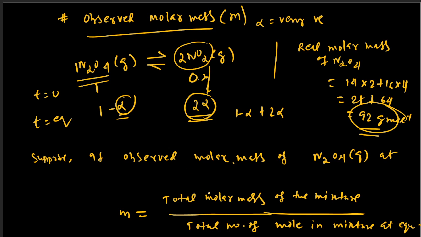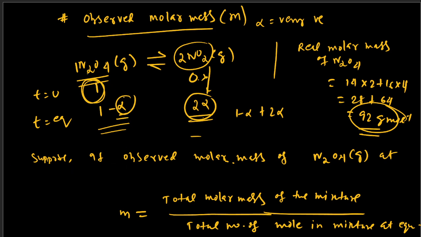So the total number of moles in the mixture at equilibrium is 1 minus alpha plus 2 alpha. The total molar mass of the mixture is only that of N2O4, because at T equal to 0 only the N2O4 molar mass is present.